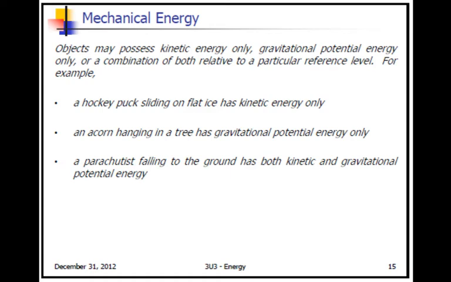Well, it would have kinetic energy only because it's already at the ground level. An acorn hanging in a tree has gravitational potential energy because it's not moving. But a parachutist who's falling has both gravitational potential energy and kinetic energy because they're both moving and they are above the reference position of the ground on Earth.